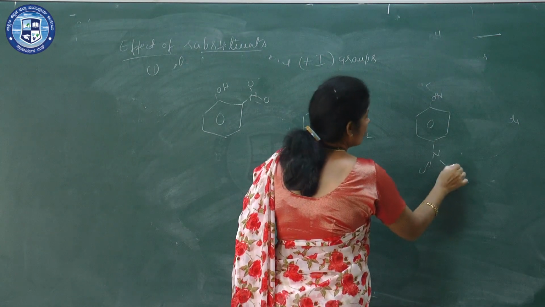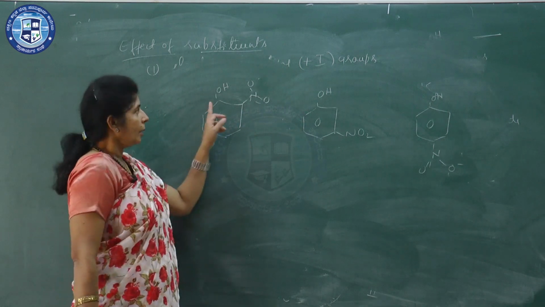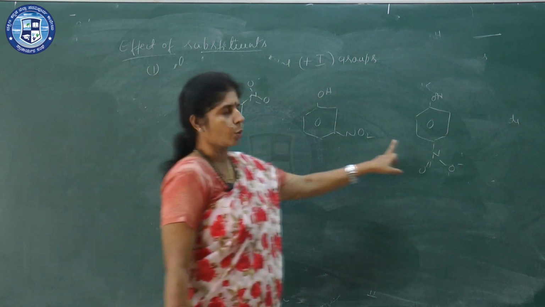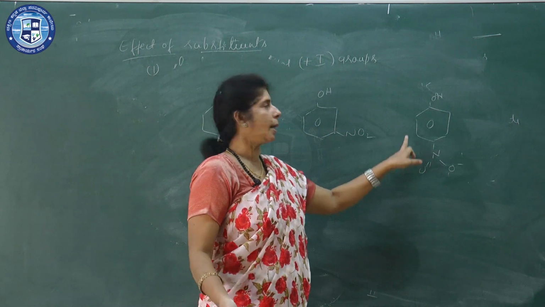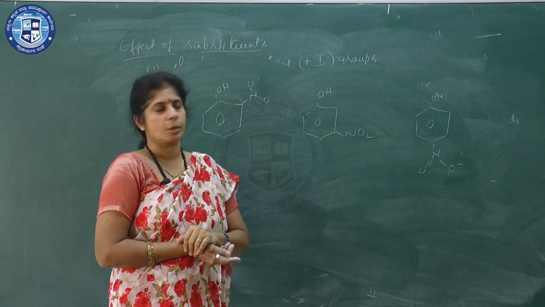Which is more acidic, and the reason? In this case, all are nitro groups, so we may expect that they have the same acidic character. No, they don't have the same acidic character.